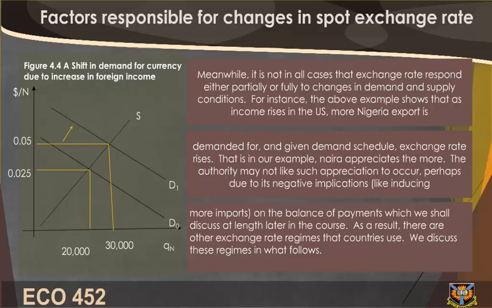The authority may not like such appreciation to occur, perhaps due to its negative implications like inducing more imports on the balance of payment, which we shall discuss at length later in the course. As a result, there are other exchange rate regimes that countries use. We discuss these regimes in what follows.